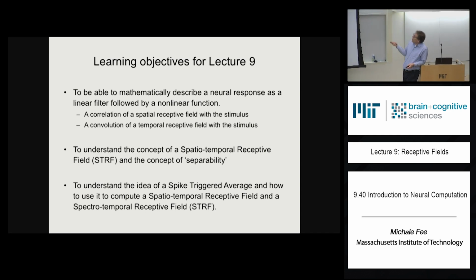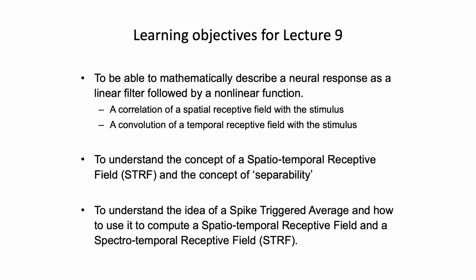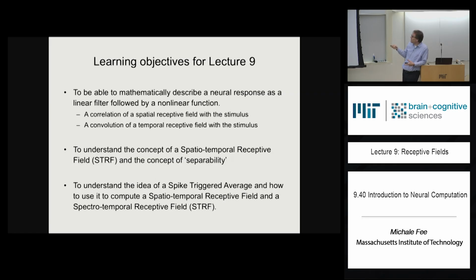Okay, so we talked about a mathematical description of receptive fields, which are essentially describing patterns of sensory inputs that make a neuron spike. And we've talked about a very specific model called a linear-nonlinear model that describes how neurons respond to stimuli or become selective to stimuli. We've talked about a spatial receptive field, describing the response of a neuron as a correlation between the spatial receptive field and the stimulus.